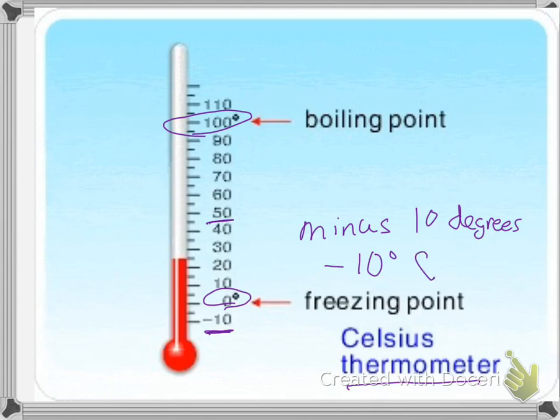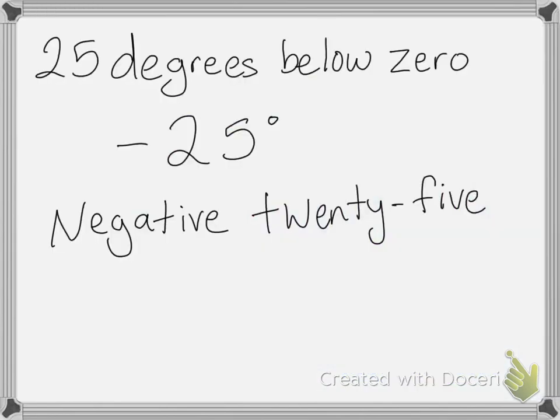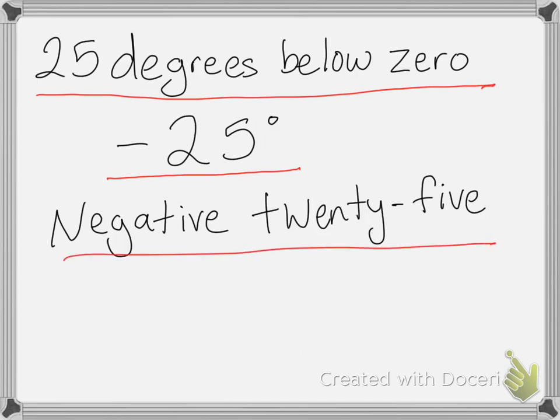Okay? So this number here is read as negative 10 degrees. So if I have 25 degrees below 0, it would be written as negative 25 degrees.